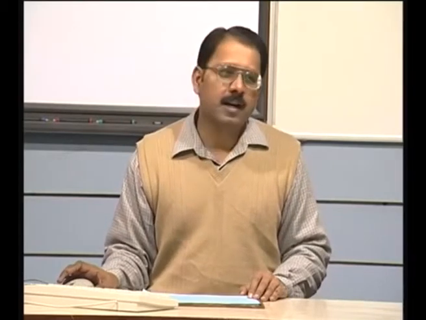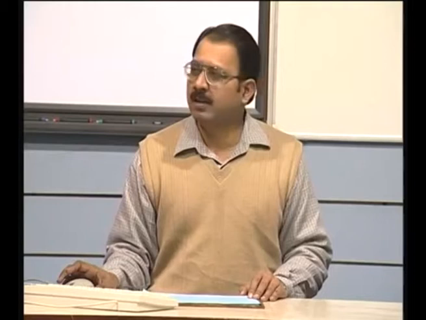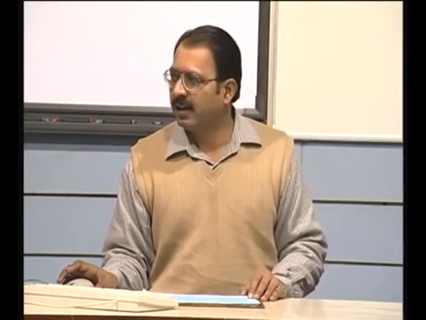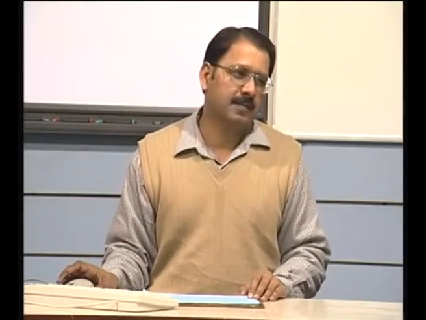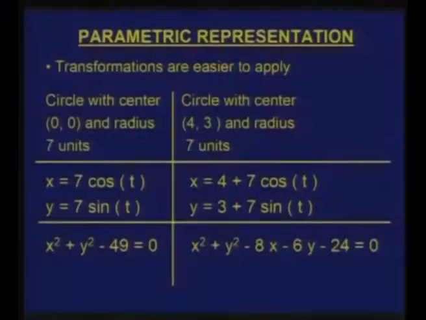Now, I am demonstrating this with a simple example. Let us take a circle with a radius of 7 units. What is shown here is a parametric representation, and what is shown here is an implicit representation for the same circle.